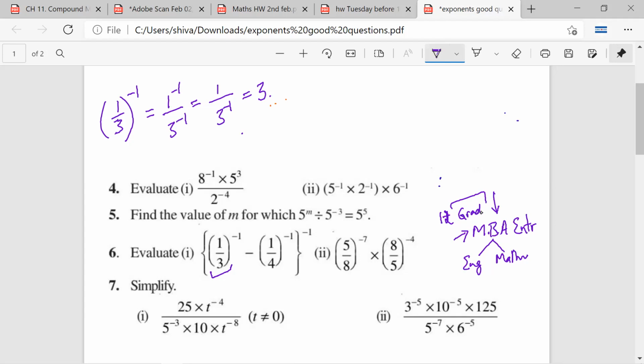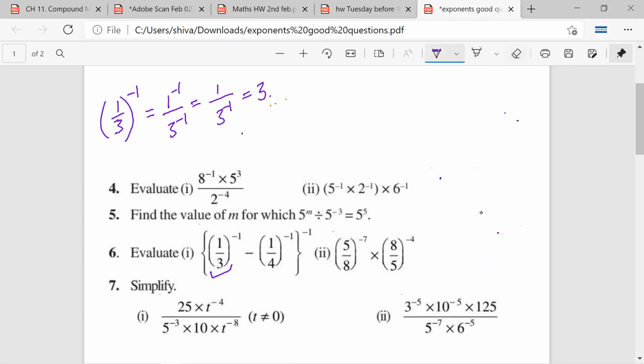Aishwarya ji, have you understood? Yes, sir. So even after completing 12th and graduation, they are not okay with exponents, because of the reasons explained beforehand. Okay.